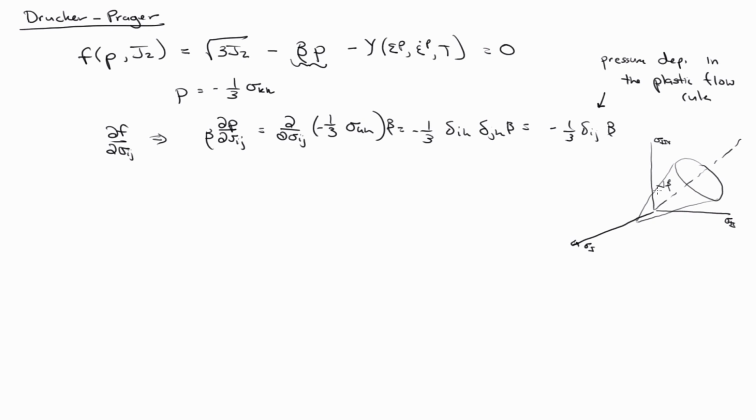But as we increase the pressure, as we increase the hydrostatic confinement, then the material is going to become stronger, right? So that cone gets bigger. So the region of elastic response of the material gets bigger as a function of pressure. So the material becomes stronger with increasing pressure.